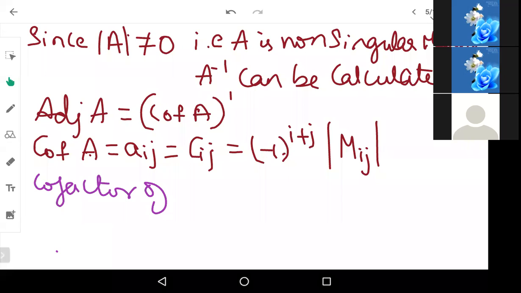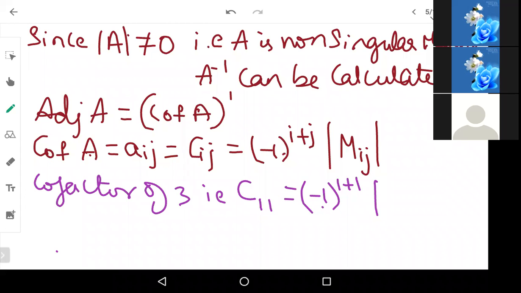Cofactor of 3, that is C, first row, first column. This is very, very important. Do not miss the number of rows and columns, otherwise the whole problem will go wrong. So be very careful with the row number and column number. That 3 is in the first row, first column, so it equals minus 1 to the power first row plus first column, into the minor.